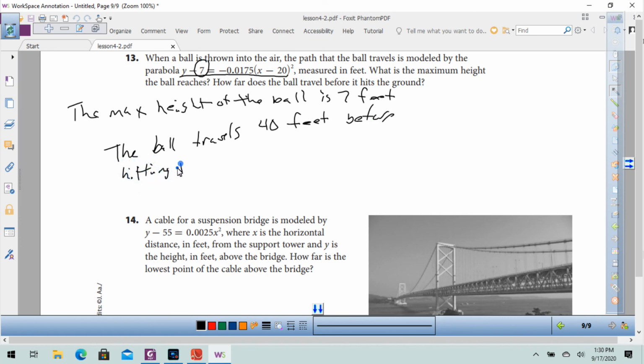How could you have found that? How could you have found that algebraically?